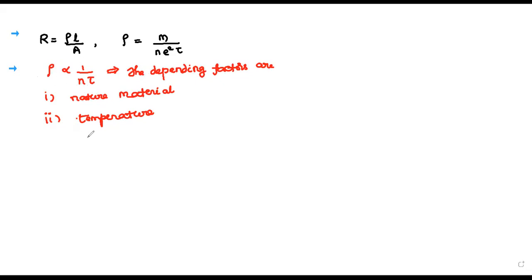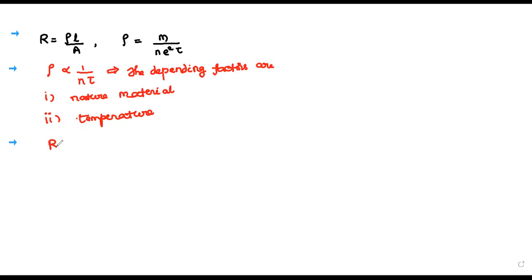In the same way, coming to the resistance, if you substitute rho equals M by N E square tau, R also depends upon N and upon relaxation time, and in addition upon length and area of cross section.